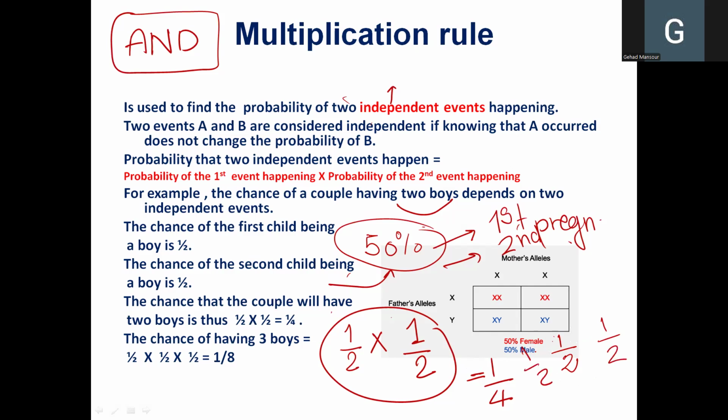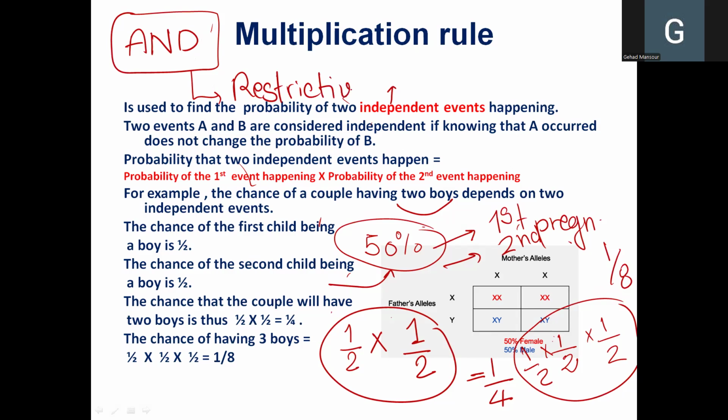So the probability of getting 3 boys, not necessarily in sequence, would be half multiplied by half, multiplied by half. It would be, of course, smaller. So the bigger the number of events and the more conditions you put, and you want all these conditions to occur, when I say "and," I want all these conditions to occur. And so remember that "and" is restrictive.